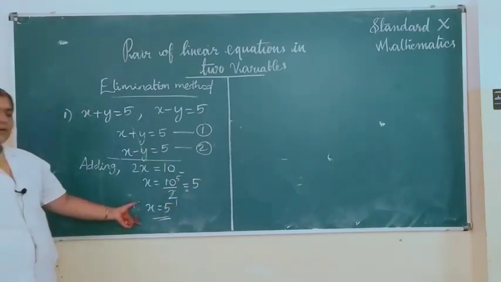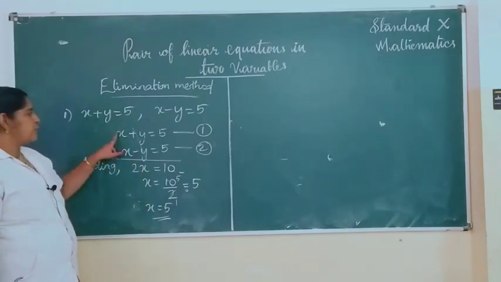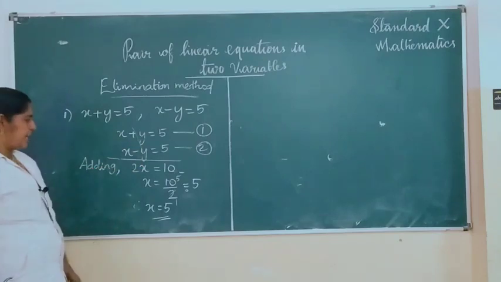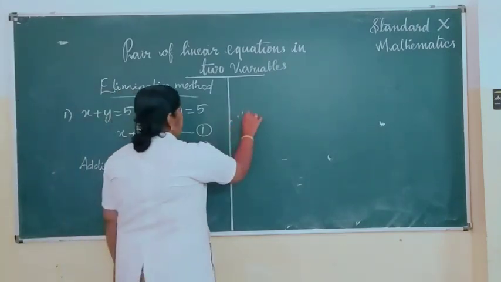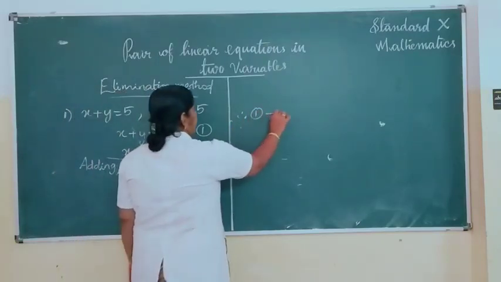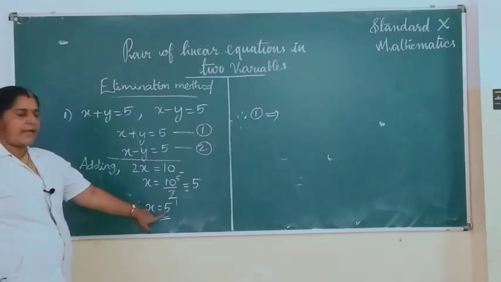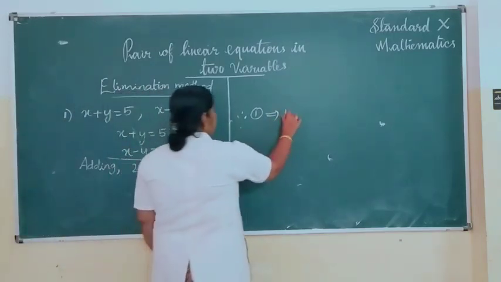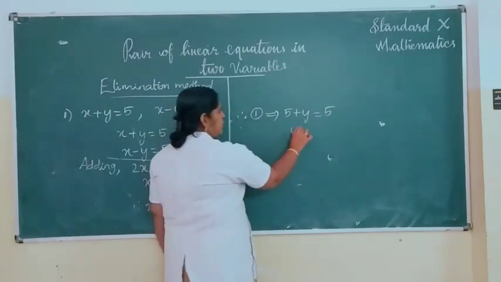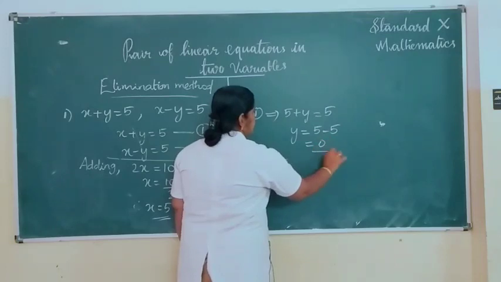When you get x equal to 5, you can substitute this value in any one of the given equations and we will get the value of y. Therefore, if I take equation 1, in the place of x you put the value 5. So it becomes 5 plus y equal to 5, that is y equal to 5 minus 5, that is 0.